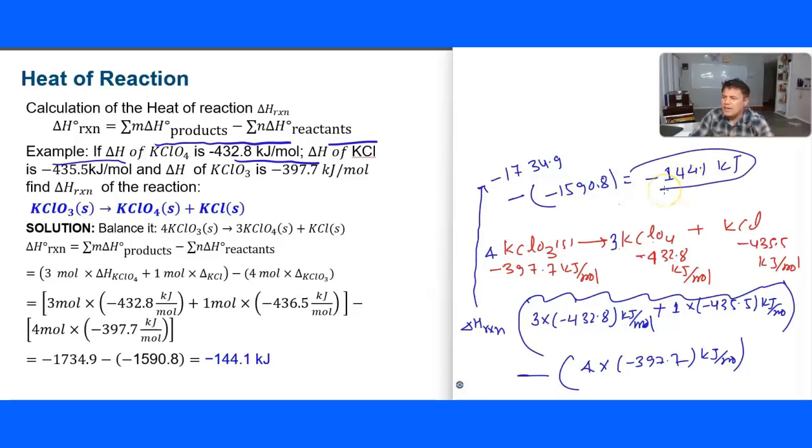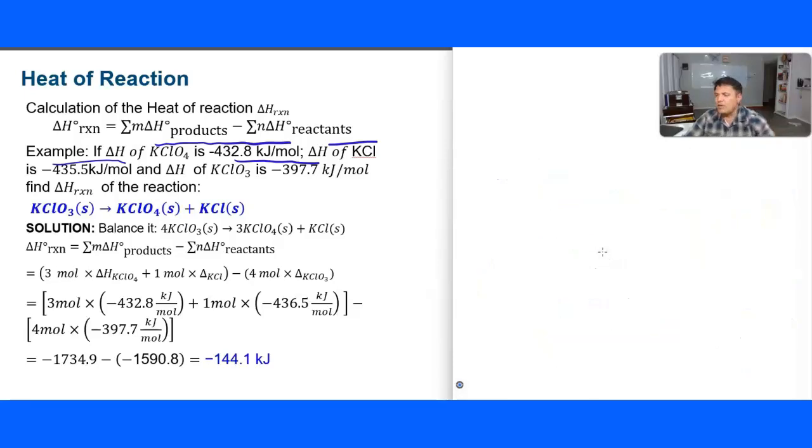So this is the negative value, right? Delta H is less than 0, a negative value. It means that it is endothermic. Sorry, it is exothermic. This reaction will produce heat. How much heat will it produce? 144.1 kilojoule per mole. That's it for today. Okay, thank you so much.